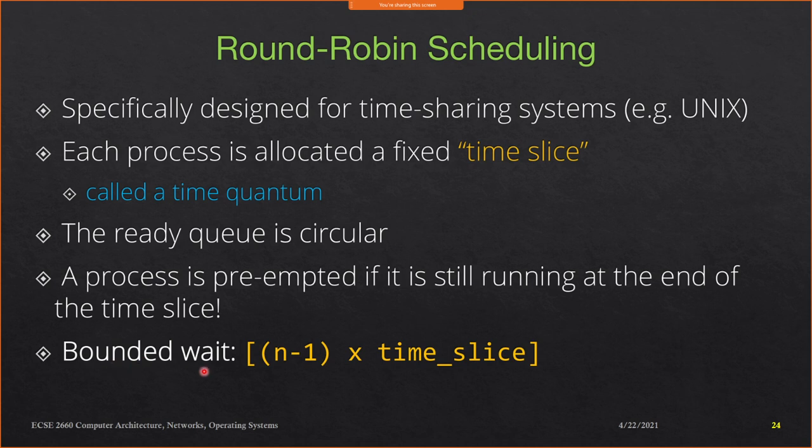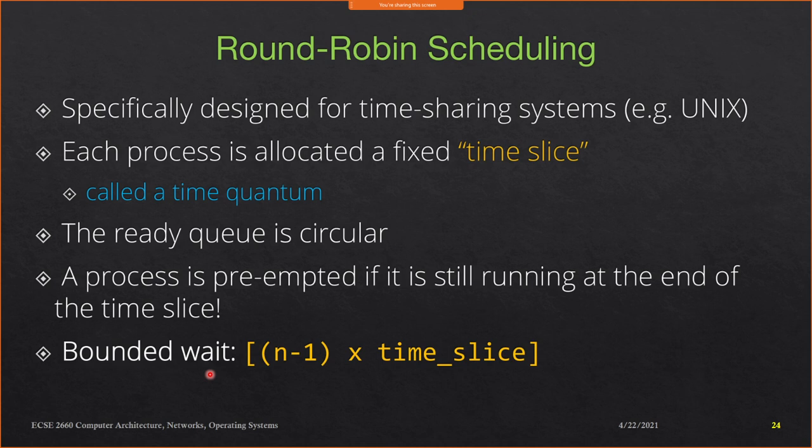Bounded wait essentially means the longest amount of time a process will need to wait. Suppose there are n processes, right? Suppose there are 5 processes, then they are essentially getting 1/5 of the CPU time, right?